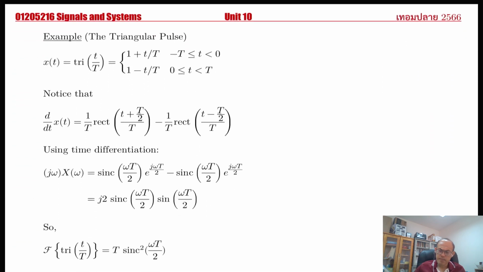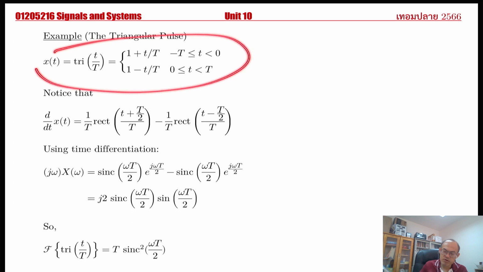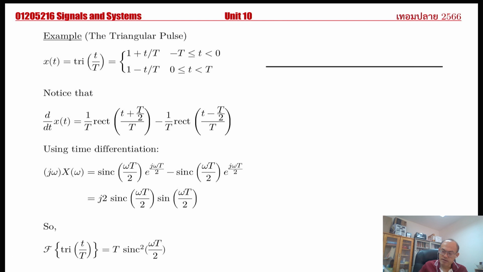Okay. The next example is about the triangular pulse. The triangular pulse is this. Let's plot it. Actually, we've done this already, if you remember, in the convolution property. So let's plot it, but we're going to do it again. There are at least two ways to find the Fourier transform of this pulse.